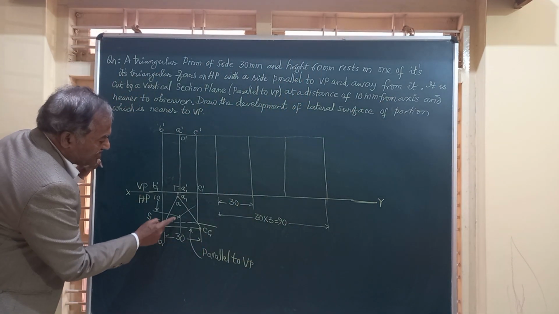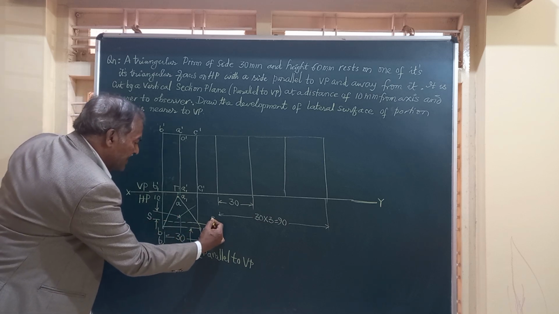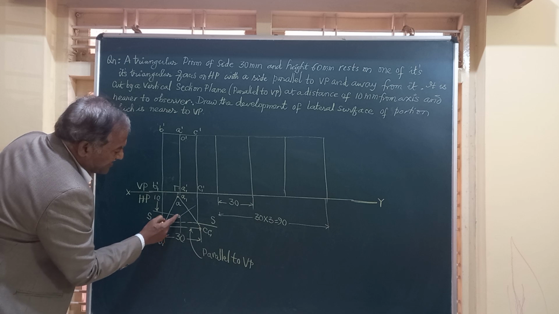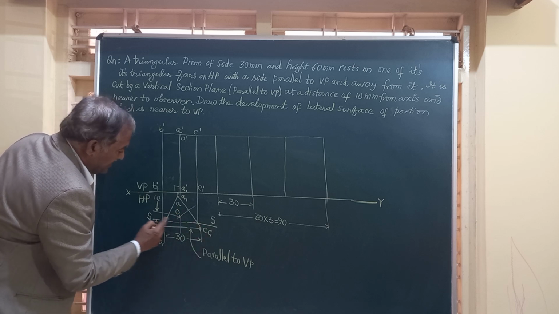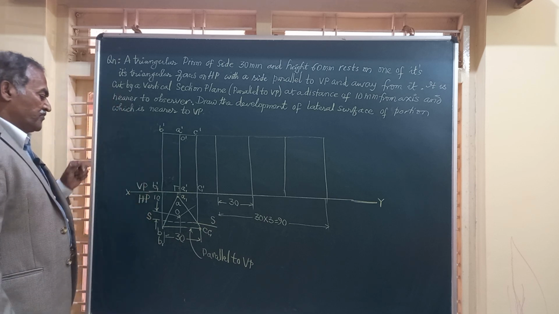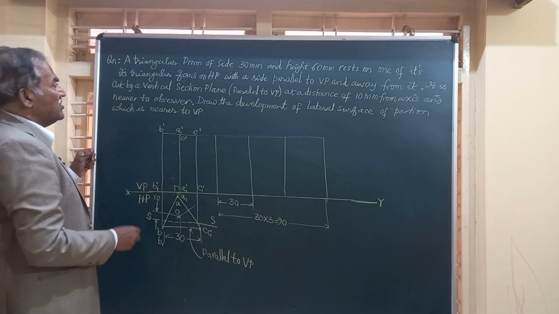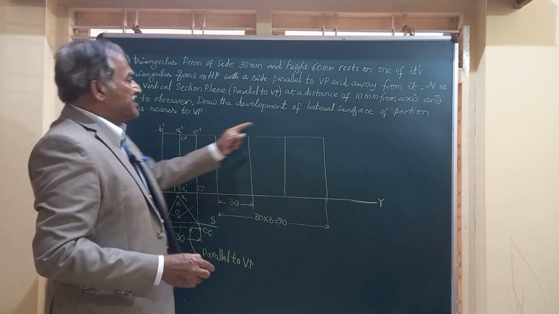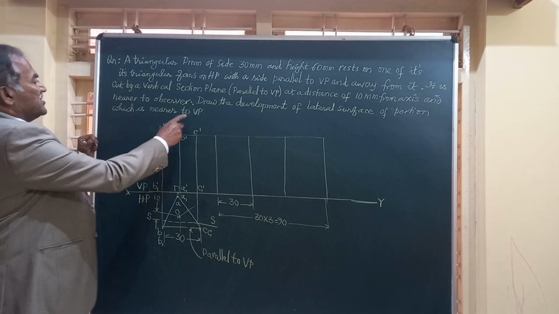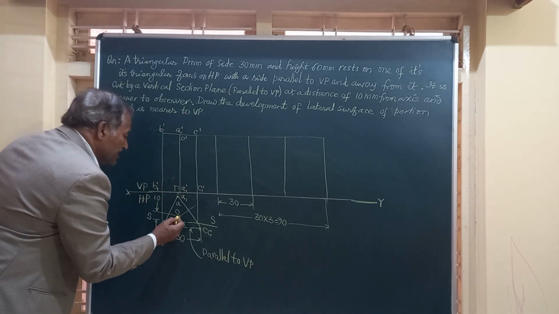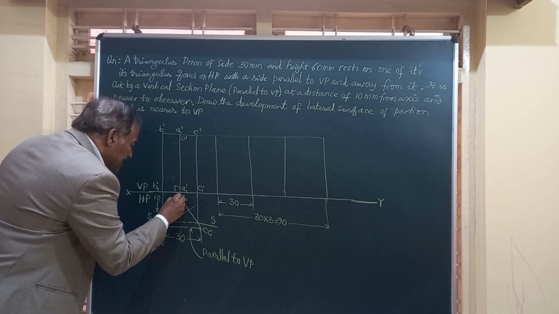This is O, this is the section plane SS, which is at a distance of 10 millimeter. O to this horizontal line is 10 mm, I have shown here. Now friends, for the purpose of development, he says draw the development of the lateral surface of the portion which is nearer to VP. Friends, the portion of this triangle which is nearer to VP is this part.